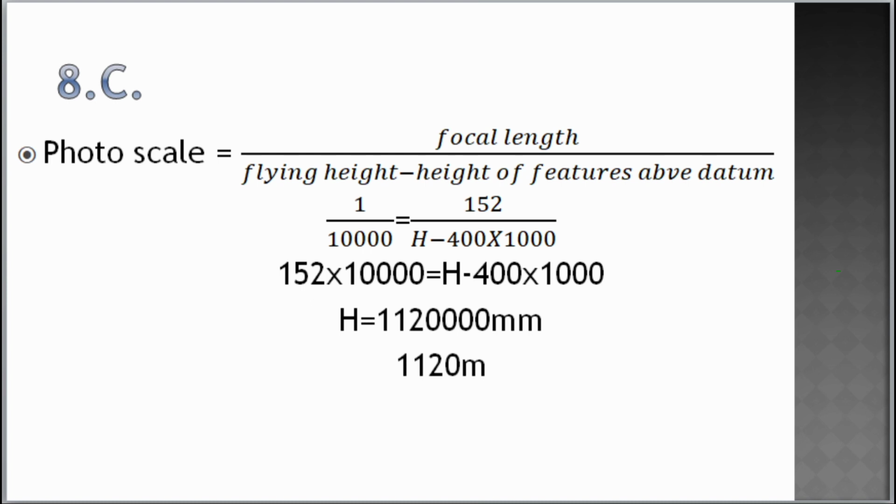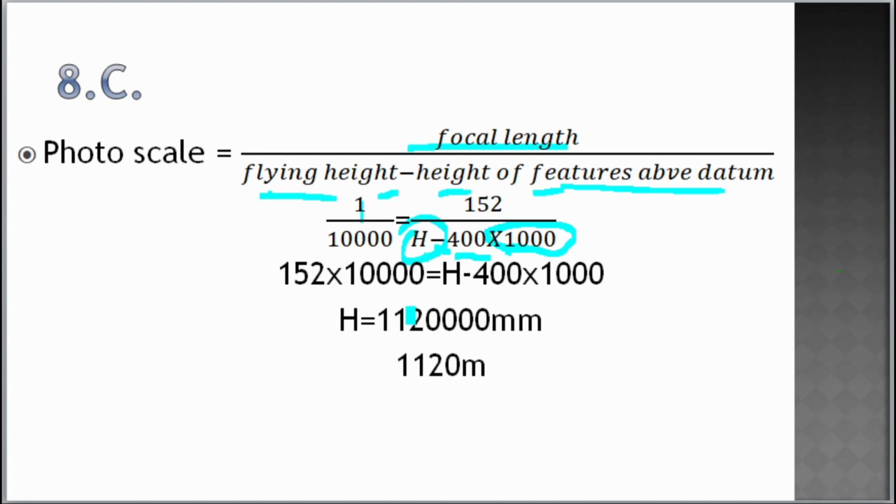Photo scale is equal to focal length over the flying height minus the height of features above datum. So 1 over 10,000 is equal to the focal length over the flying height, which we are searching for, minus the height of features above datum. The height of features above datum was in meters, so I have converted it into millimeters.